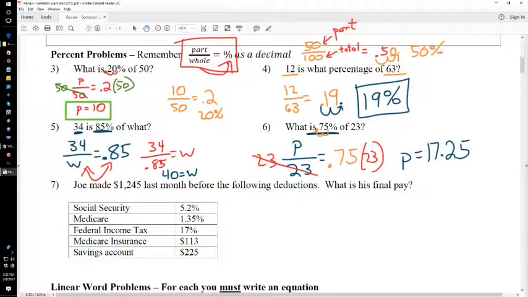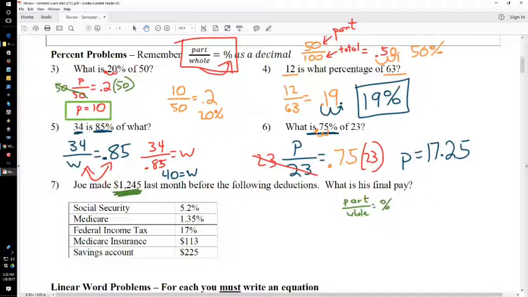Number 7 uses percentages a little bit. Joe made $1,245 last month before the following deductions. So this is going to be your whole. What is his final pay? Well, part divided by the whole equals the percentage as a decimal.